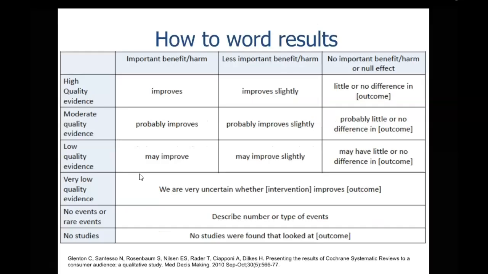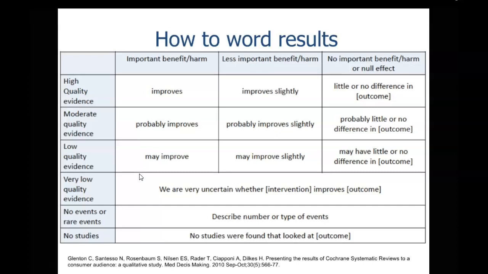So here is a slide that I really like, and then I'm going to show you another example from Professor Wieland's summary where she applies some of this language. This is a table about how to word results, and actually Cochrane Review authors use this for their wording. So I want you to understand what it means, because it's some of the wording you can use in your summaries as well.